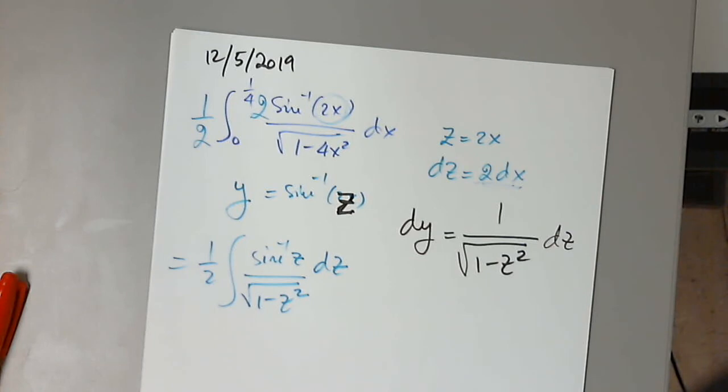Right? So when I differentiate sine inverse of z, I get 1 over the square root of 1 minus z squared. Agree? Times dz. And look what I have. This is y. This is dy. So I have 1/2.